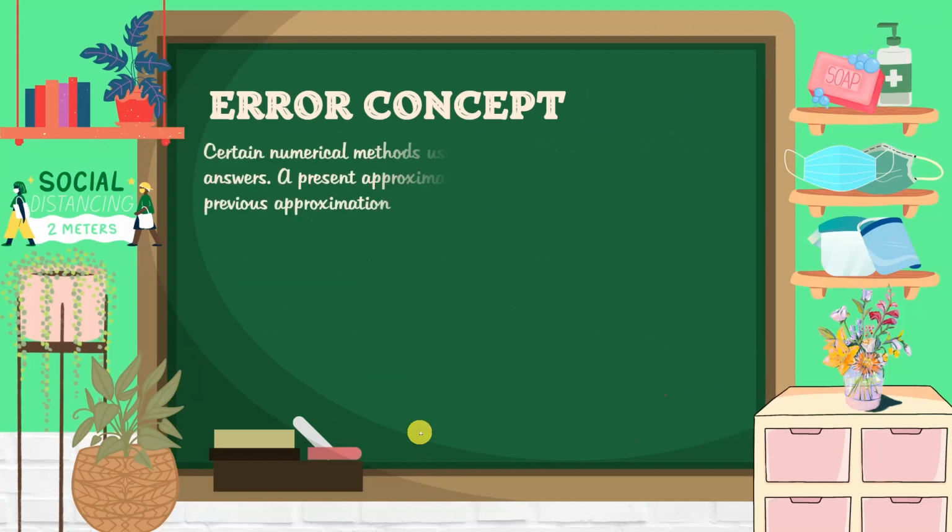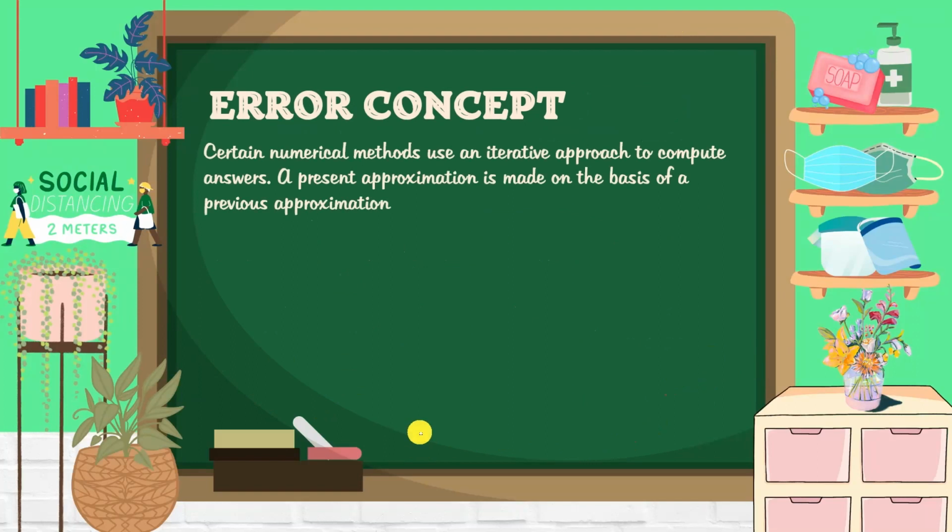For example, certain numerical methods use an iterative approach to compute answers. In such an approach, a present approximation is made on the basis of the previous approximation. This process is performed repeatedly, or iteratively, to successively compute better and better approximations.